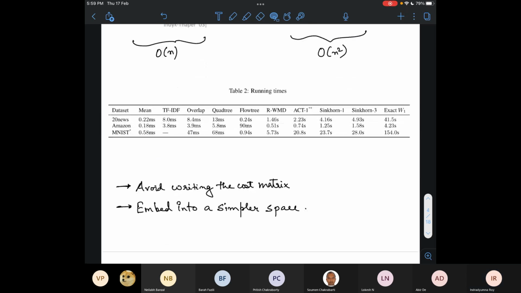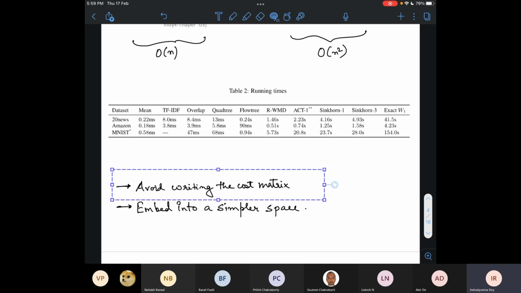n-square algorithm. But if we have the prior knowledge that the cost matrix is derived from an underlying metric, which has some distance properties, then the goal is to avoid specifying the cost matrix completely. Because as soon as you specify that n-square matrix, you have lost the battle with respect to scalability. So you want to avoid specifying the cost matrix and compute the minimum transport cost or the distance without doing that.